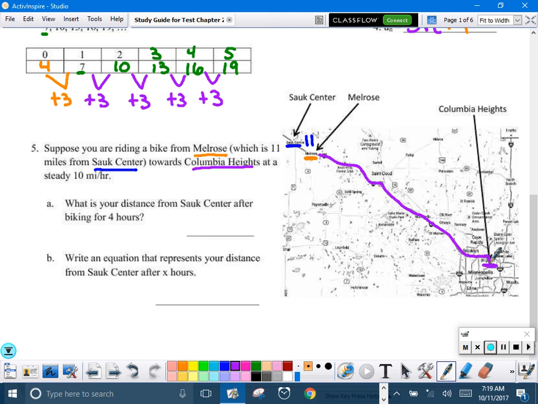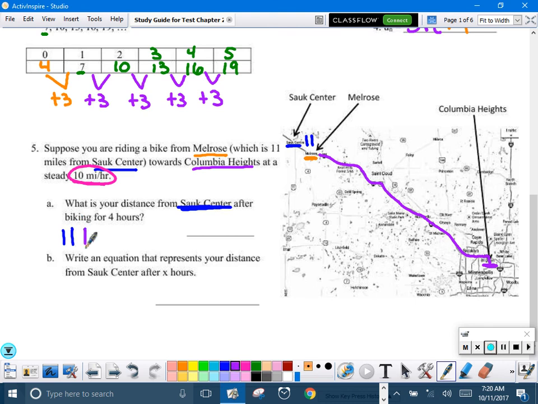It wants to know, okay, and you're riding at 10 miles per hour. What is your distance from Sauk Centre after biking for 4 hours? Okay, well, it's asking that you're biking from Sauk Centre. Well, what it says up above is Sauk Centre to Melrose is already 11 miles.